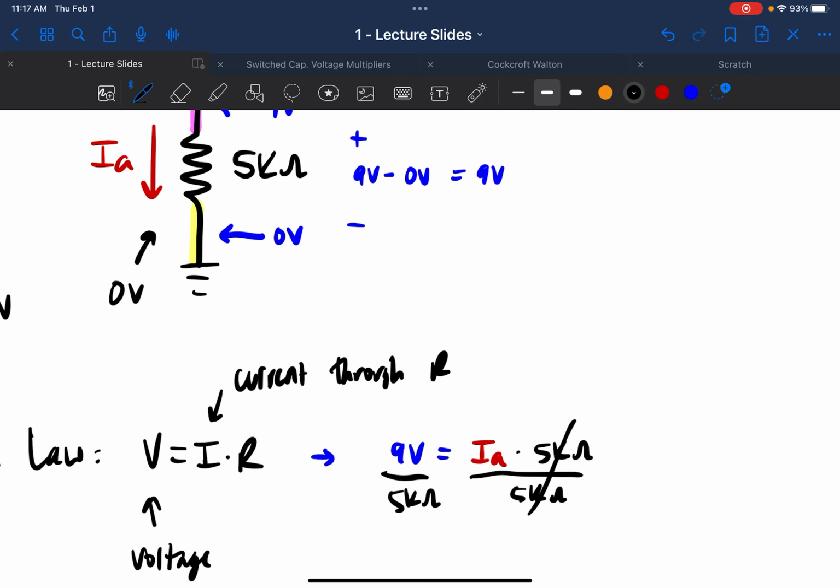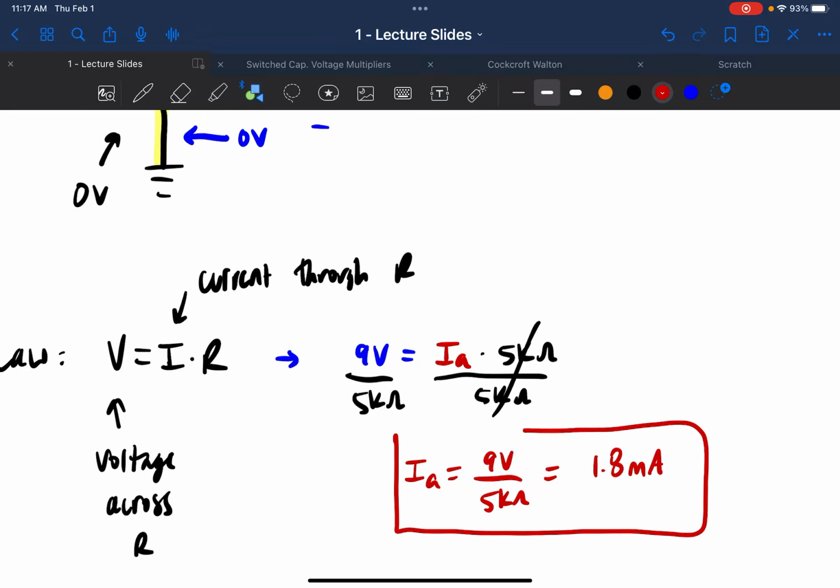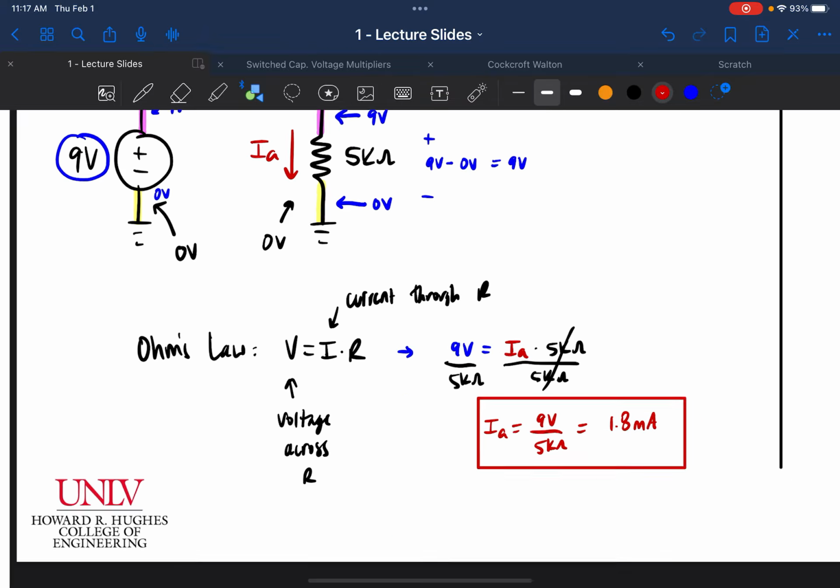Then IA is equal to 9 volts divided by 5 kilo ohms, or 1.8 milliamps. You can do the math in your calculator to verify that that's correct.